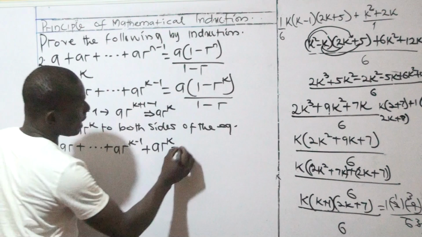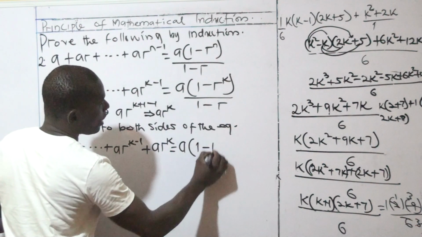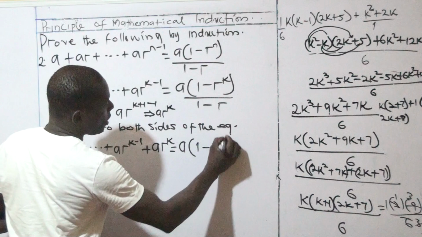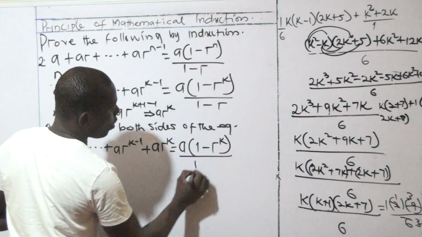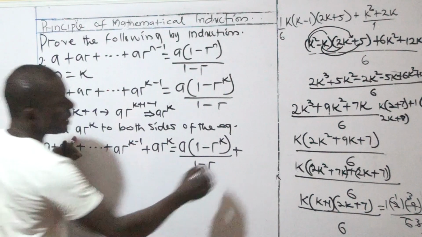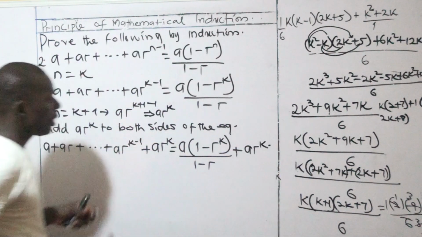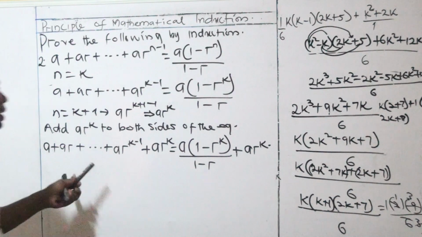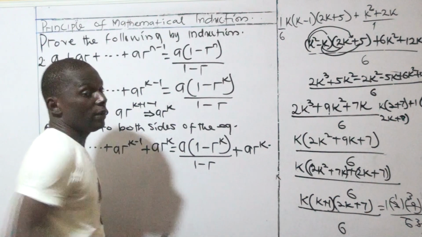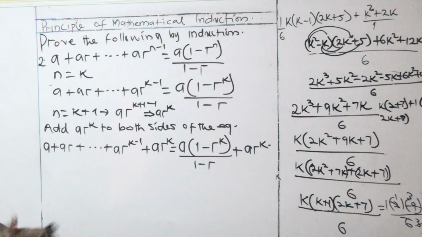So on the right hand side we have a(1 - r^k) all over 1 - r plus this same quantity here, ar^k. Like I told you, once you are here, just concentrate on the right hand side. You simplify here. Once you are done with this, we are almost there.